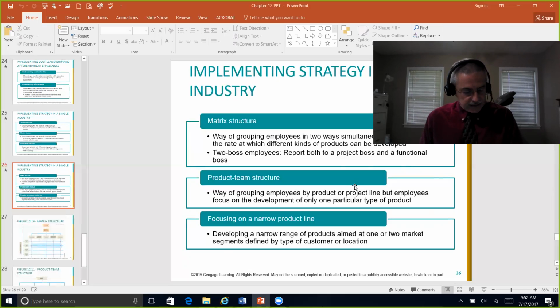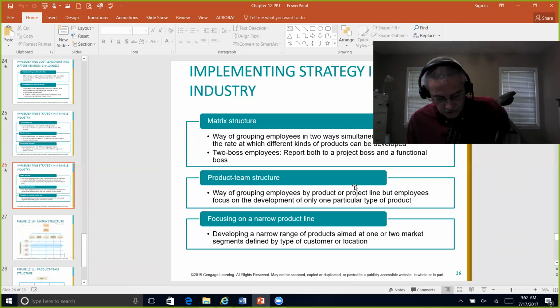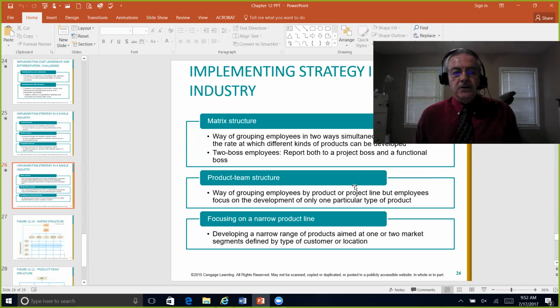Certainly, when you do that, that structure is flat and decentralized. One of the greatest drawbacks is the potential of multiple bosses, two, three, four bosses, who employees are responsible to. But if the matrix is set up correctly, it's clear who has the overall level of responsibility, what their reporting structure is, and how that's going to work.